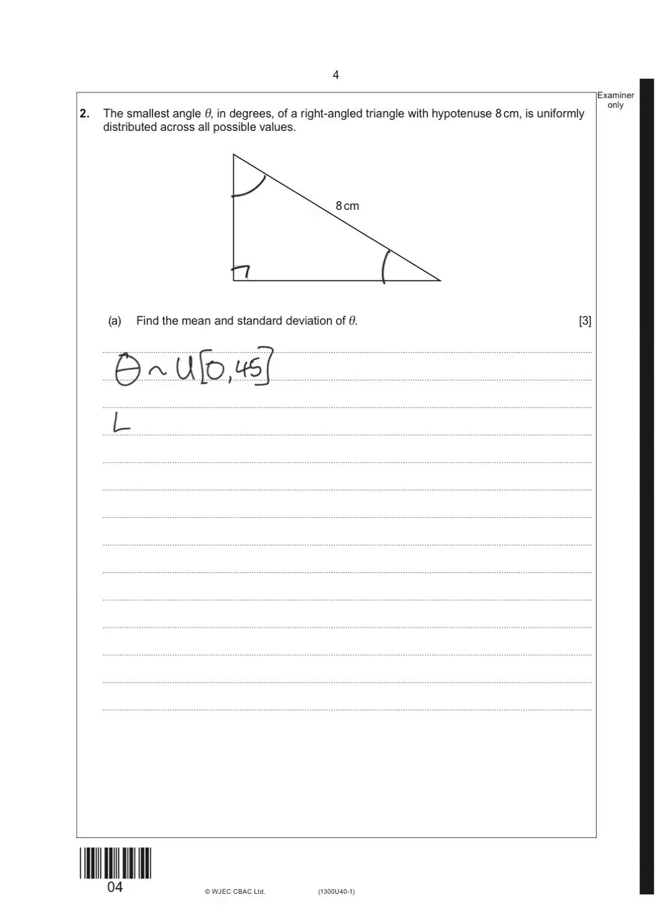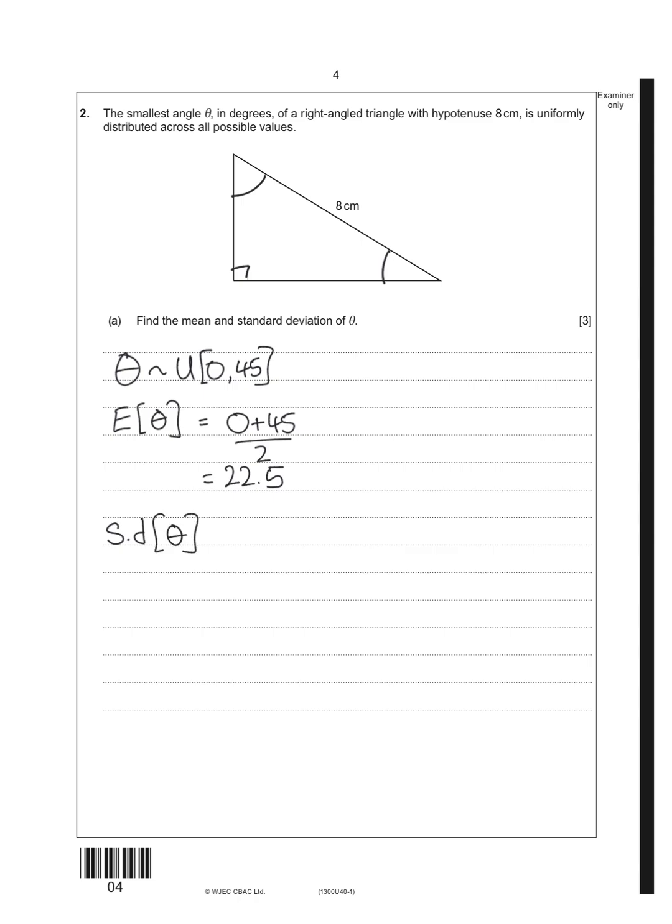So then we want the mean of theta, and remember the expectation or the mean is what's halfway between the two limits, so 0 plus 45 over 2, which is 22.5. And then the standard deviation of theta.